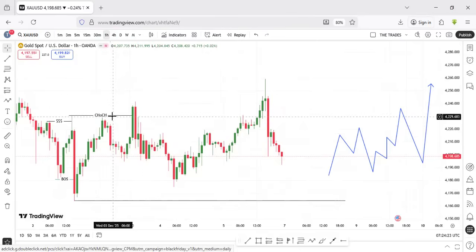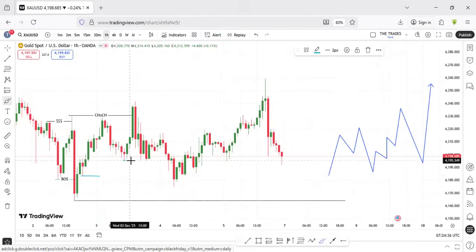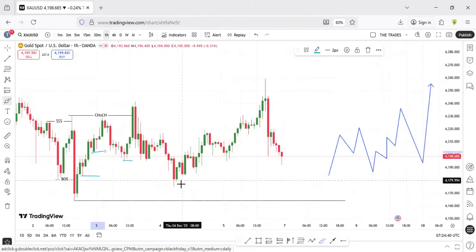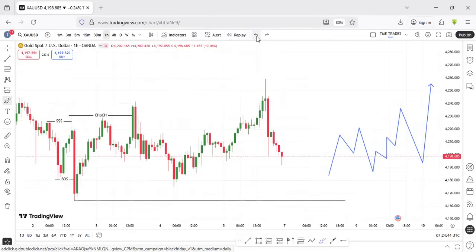After this change of character, what happened? The market came back, taking out all these internal structures. As you can see, we have one here, we have another one here, and we have even this particular one. The market took everything out before this continuation to the upside. And guess what?